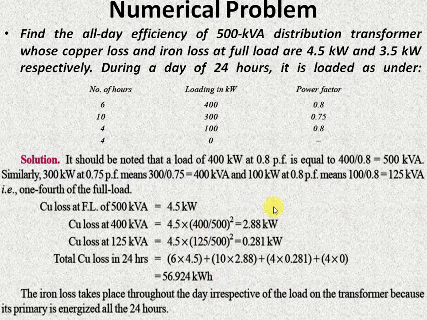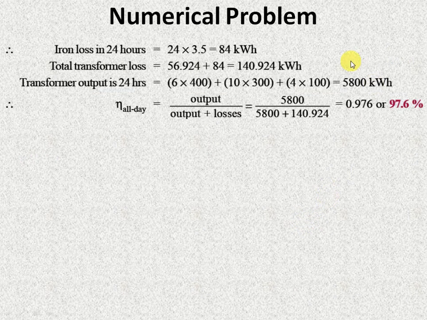During these 24 hours, as I told before, the value of core loss is a constant. So you can find the value of core loss in 24 hours by multiplying this 3.5 kilowatt into 24. The total transformer loss will be the sum of this copper loss and core loss, which is 140.924 kilowatt hour. Now we have to find the total output in 24 hours.